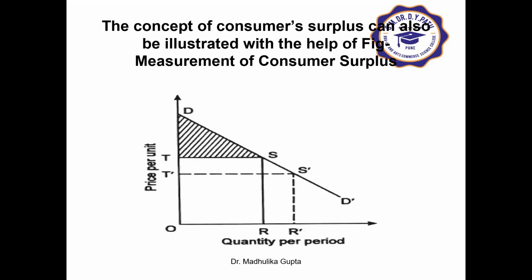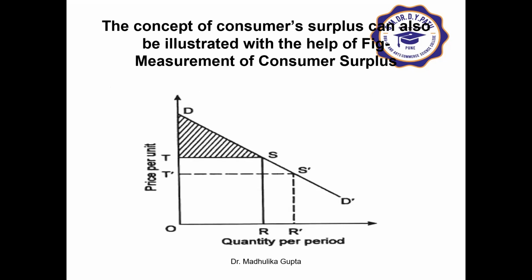So the concept of consumer surplus can also be illustrated with the help of this figure. Let me explain this figure to you. Observe this figure very carefully. In the figure, the quantity of a particular commodity is measured on the horizontal axis and its marginal utility or price on the vertical axis. Here DD is the demand price for it.